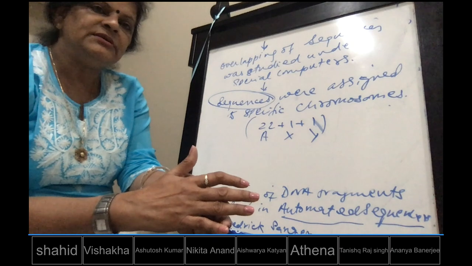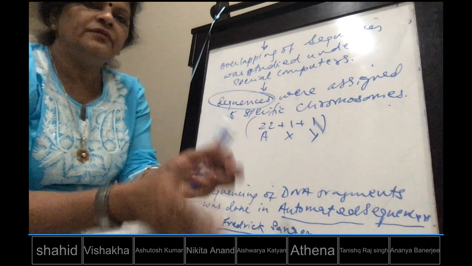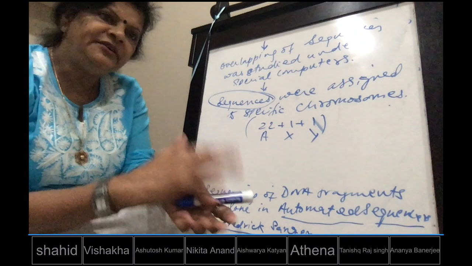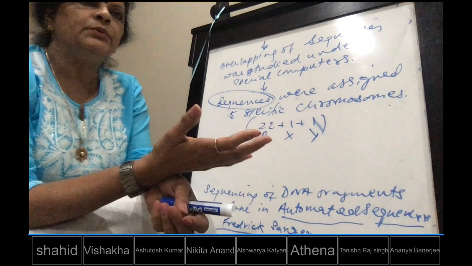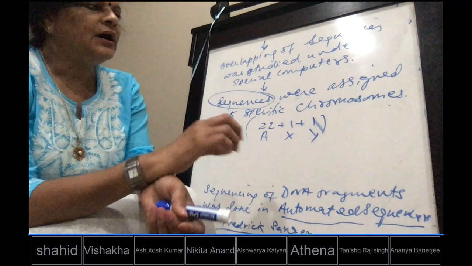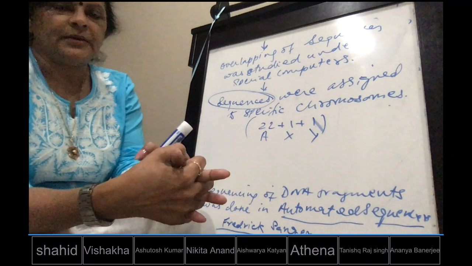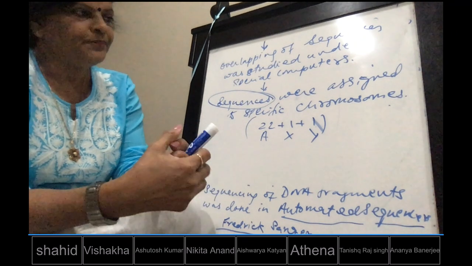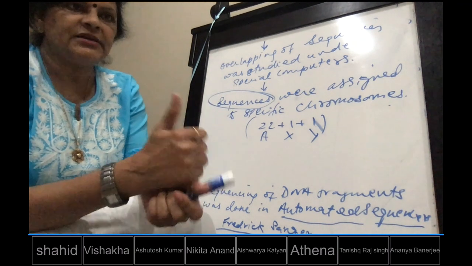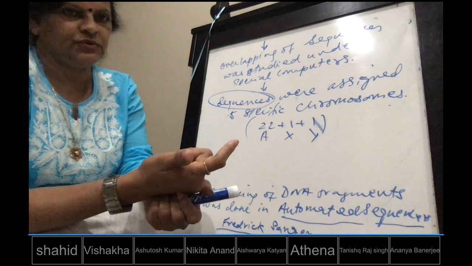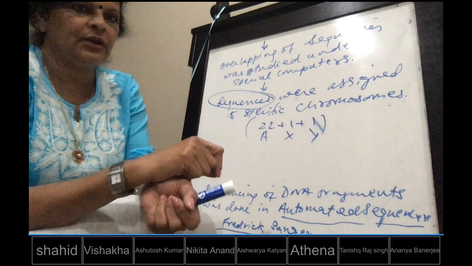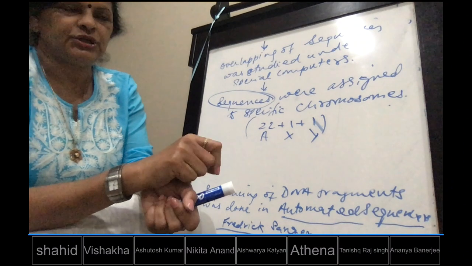And once sequencing is done, the overlapping of the sequences is studied again by special computers, and after that the sequences are placed on specific chromosomes, and that completes the step of sequence annotation. Like I said, there are two methods: expressed sequence tag and sequence annotation. For HGP, the method used was the second one, sequence annotation.